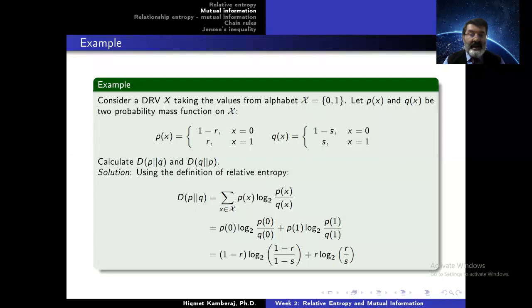Since there are two elements in the alphabet set, we write the sum as P(0) log base 2 of P(0) over Q(0) plus P(1) log base 2 of P(1) over Q(1), which is equal to (1 minus r) log base 2 of (1 minus r) over (1 minus s) plus r log base 2 of r over s.